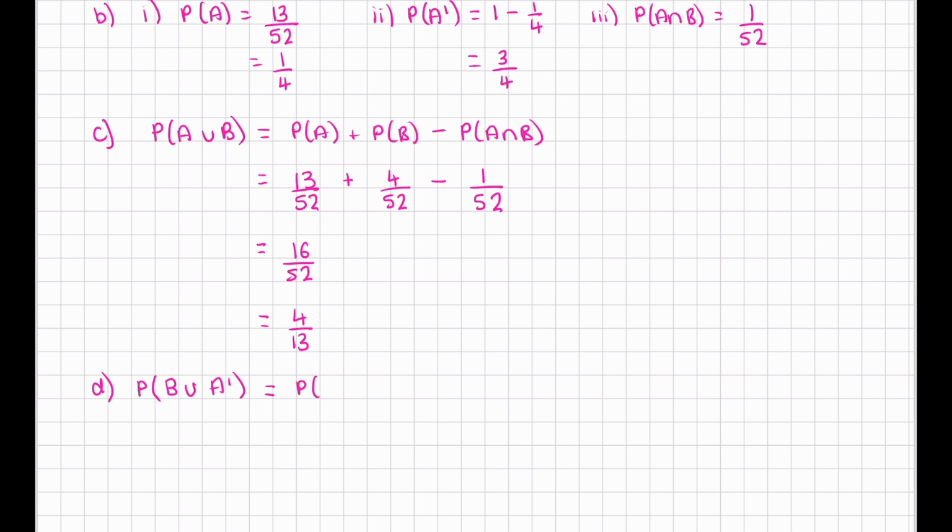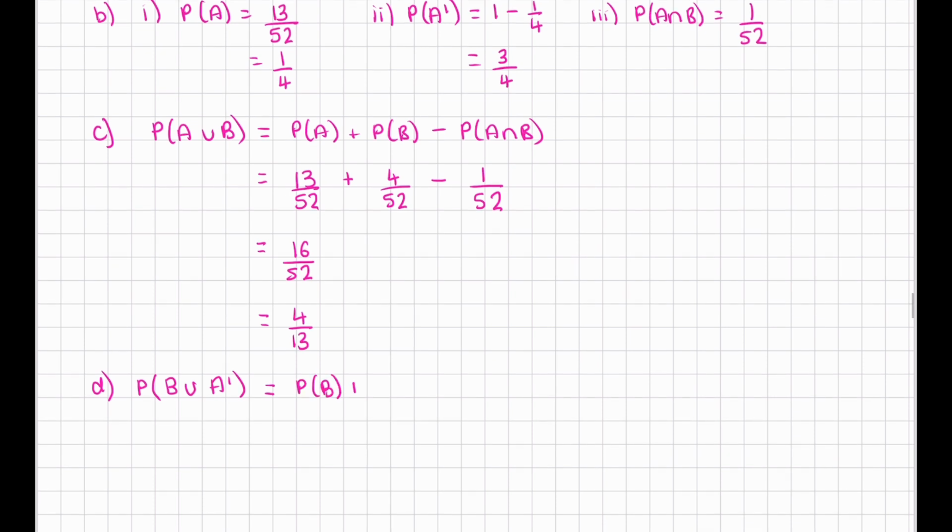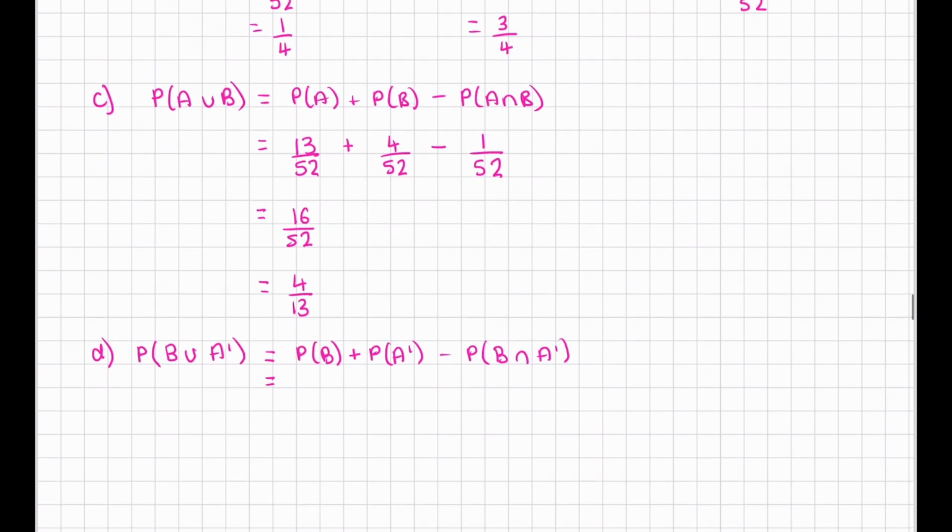If we do it in the order here, we've got the probability of B plus the probability of the complement of A minus the probability of B and not A. Now the probability of B, we know what that is. There are 4 jacks in the pack of cards, so that would be 4 out of 52. Probability of not A is 3 quarters, which would be 39 out of 52. Minus the probability of B and not A.